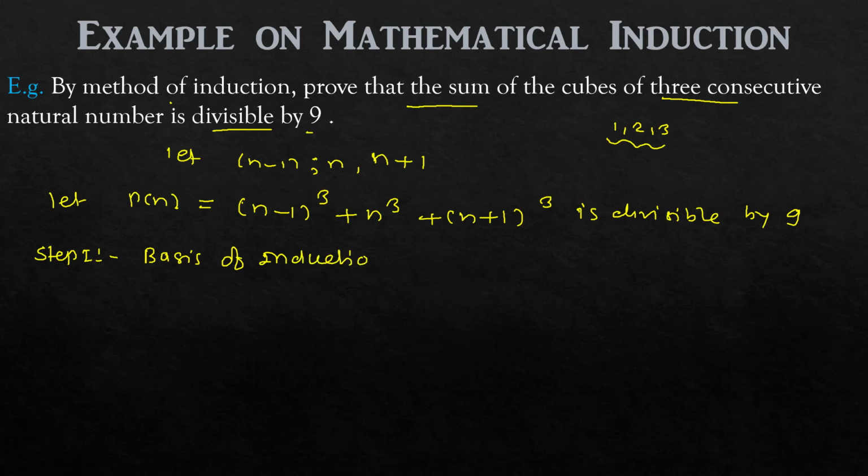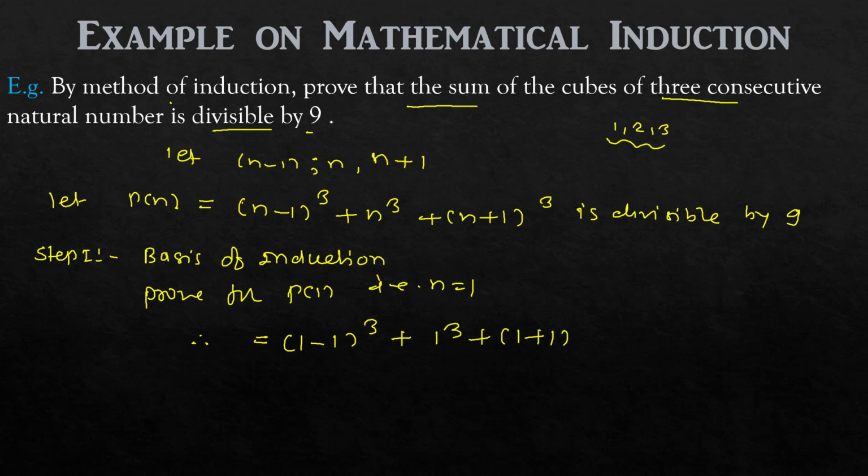So in basis of induction, what do we have to do? Prove for P of 1, that is n is equal to 1. So therefore here we get n is replaced by 1. (1 minus 1) cube plus 1 cube plus (1 plus 1) cube is equal to, 1 minus 1 gives 0, then plus 1 cube is equal to 1, and 1 plus 1 is 2, 2 cube is equal to 8.